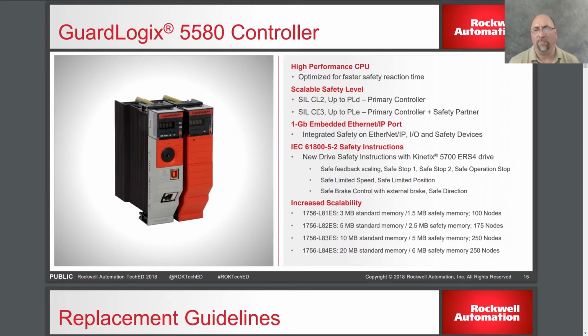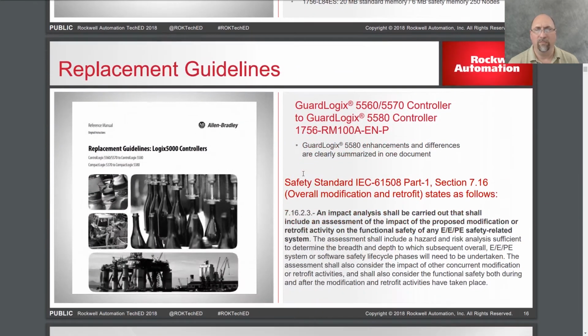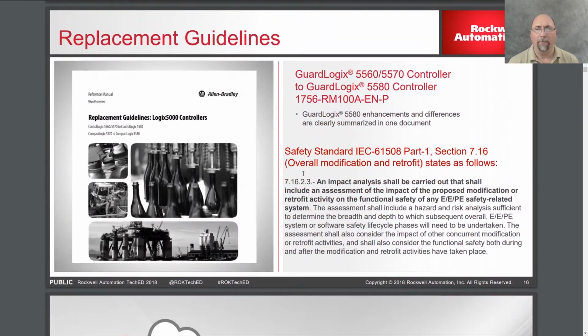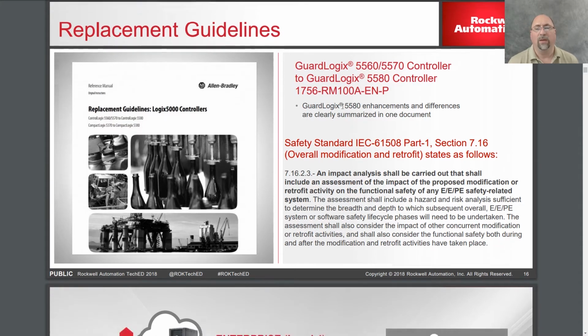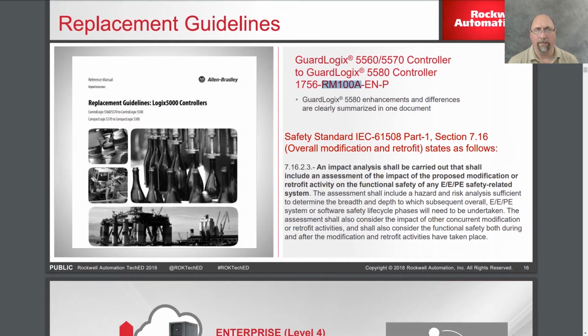If you have to get up to CL3, then yeah, you're going to add the safety partner. And again, many of the advantages of the 5580. They actually released a document here that talks about going from the GuardLogix 5560 and 70 up to the 5580. You can grab that. That's the publication number right there, RM100A.